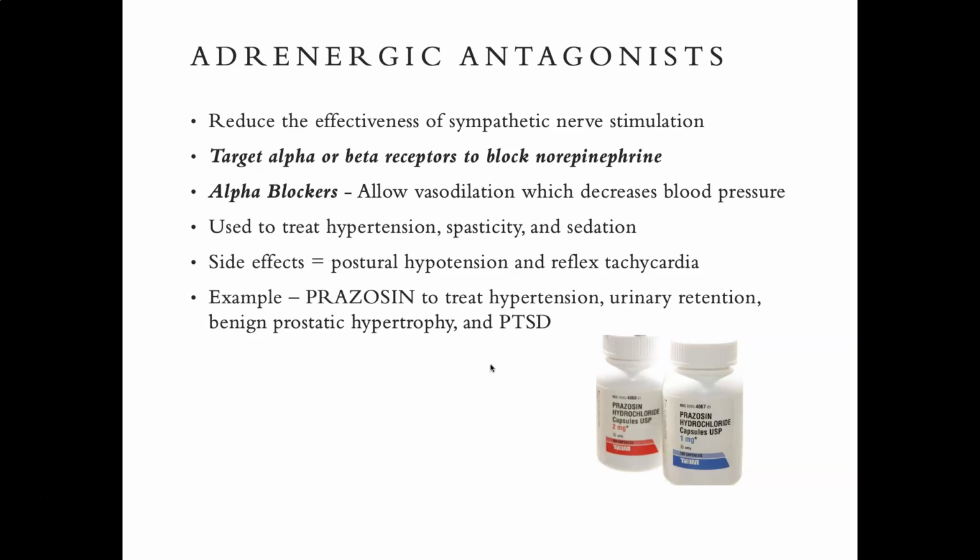These allow vasodilation that decreases blood pressure, used to treat hypertension, spasticity, and sedation. Side effects include postural hypotension and reflex tachycardia. An example is prazosin, and that's used to treat hypertension, urinary retention, benign prostatic hypertrophy, and PTSD.